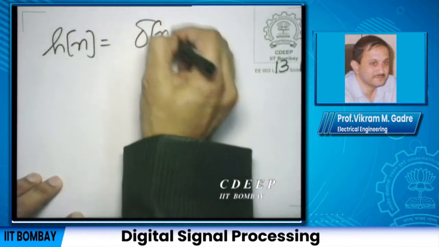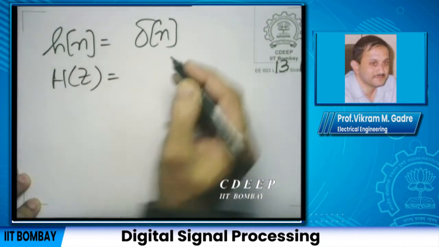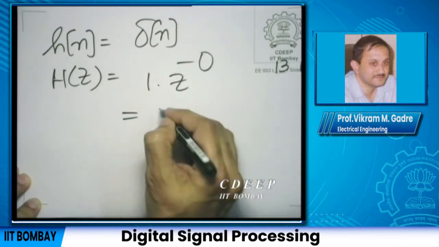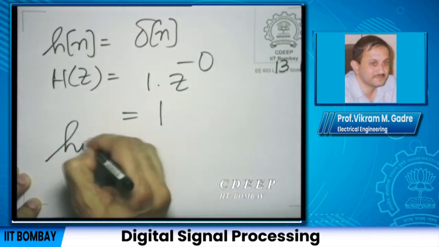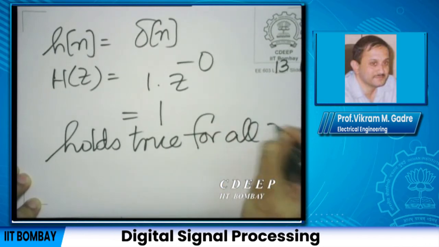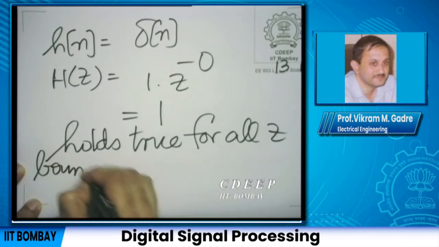Let us take an example. Let us take the sequence h[n] equal to delta[n], the simplest possible sequence that we can conceive of, the unit impulse sequence. The Z transform of this sequence is very easy to see. It is essentially 1 into z raised to the power minus 0, which is 1, and this holds true for all z. And therefore, the bounding circles have 0 and infinite radius.